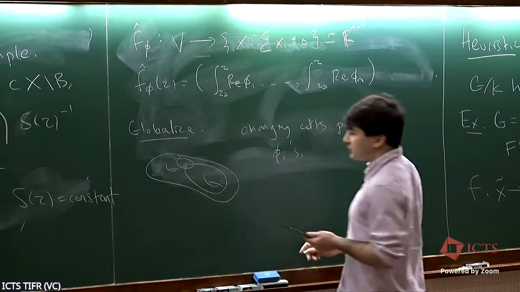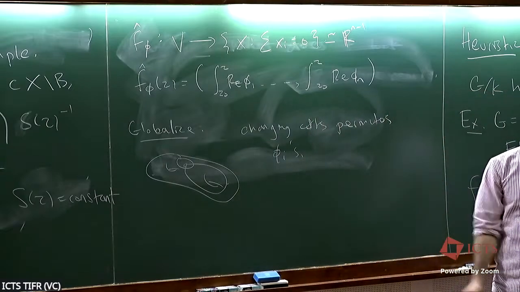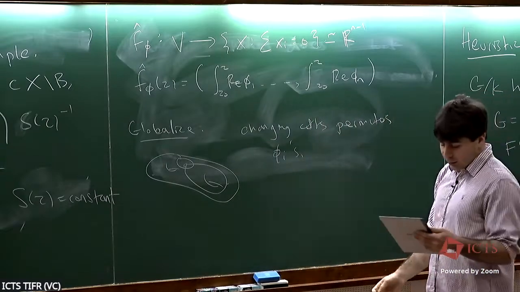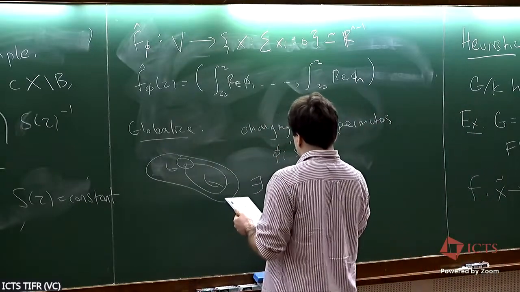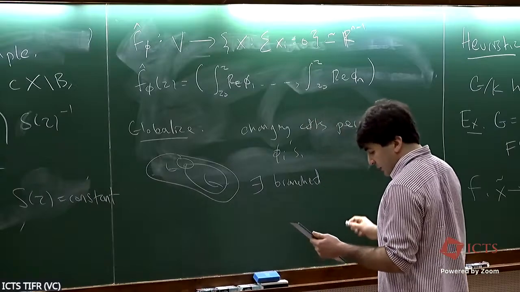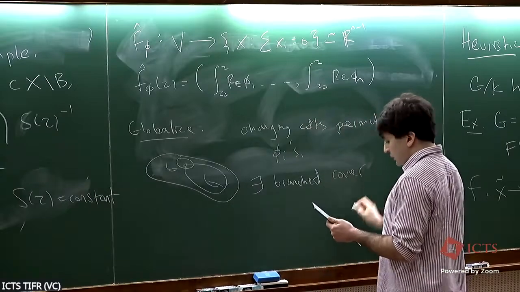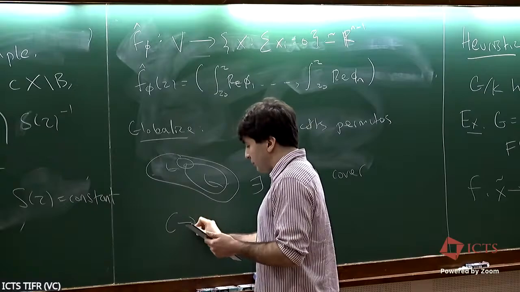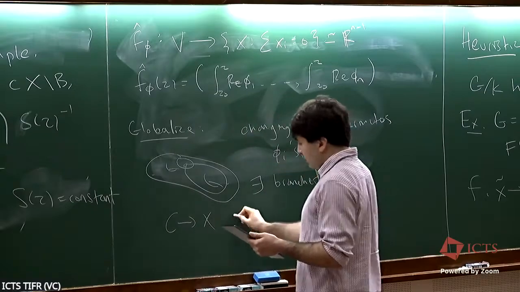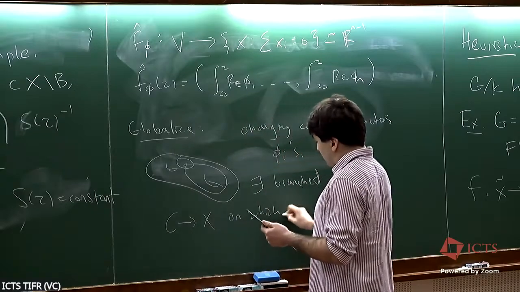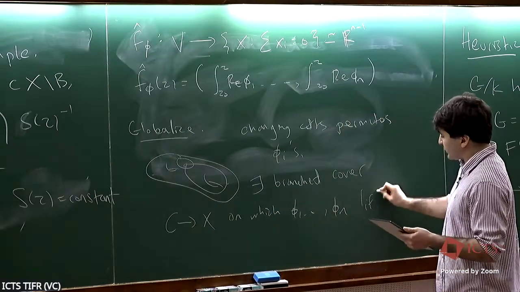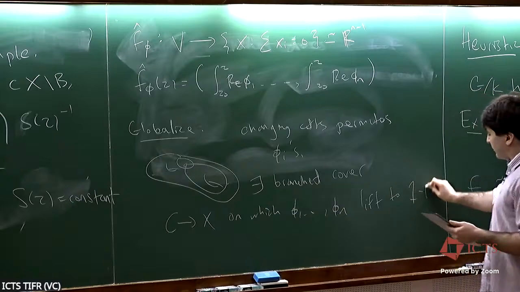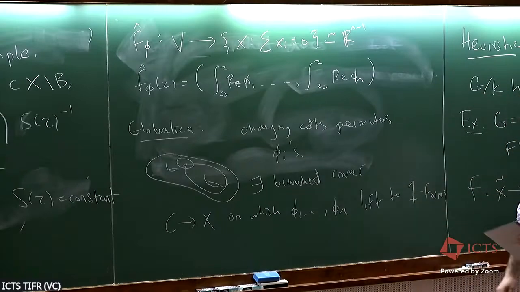The eigenvalues stay the same, but maybe their order changes. So you can't necessarily globalize, but there does exist a branch covering. This is just basic theory of covering spaces. There is a branch cover, we call it C for the cameral, well, C to X, on which phi 1 down to phi n lift to global one forms. It might not be right to call this the cameral cover, it's really a component of the cameral cover.